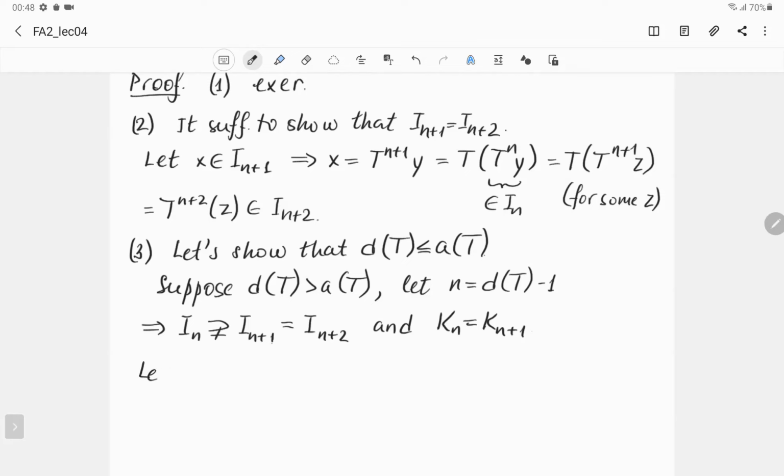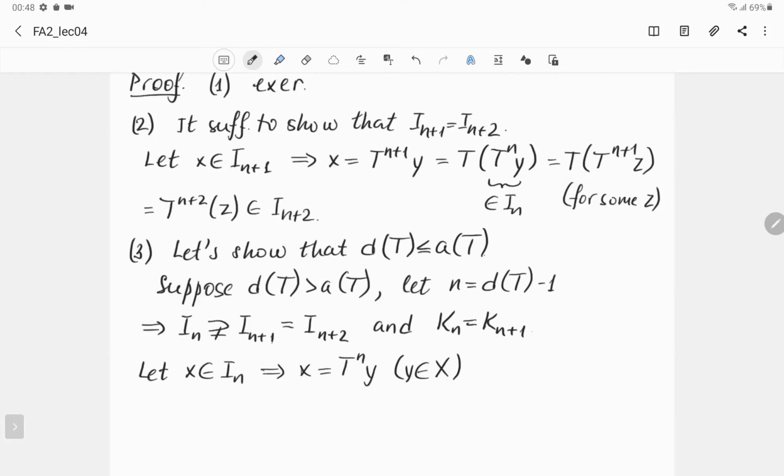So let x be an element in R(T^n). So we can write x in the form T^n of y for some element y in our space.